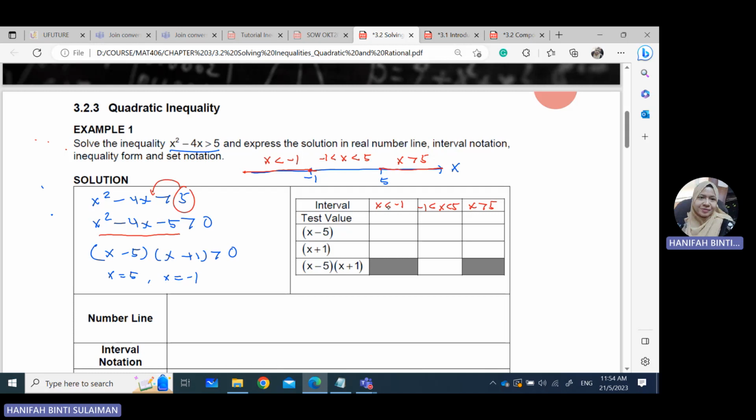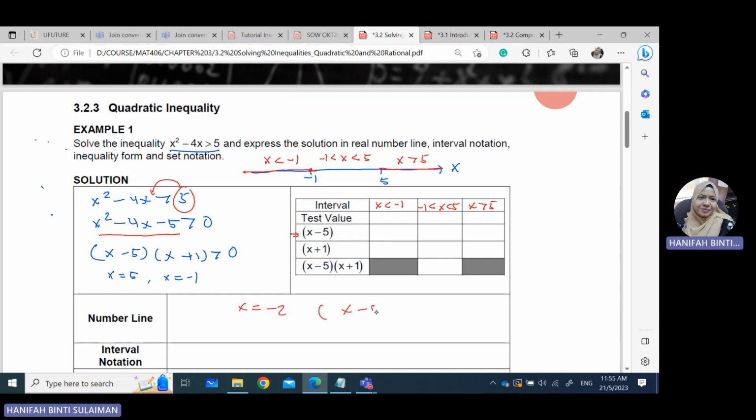Okay. So if x is less than negative 1, bila kita masukkan dalam x minus 5, apa nilai possible values dekat sini? Dia ada dua je, sama ada positif ataupun negatif. Let's say kita masukkan x negative 2.